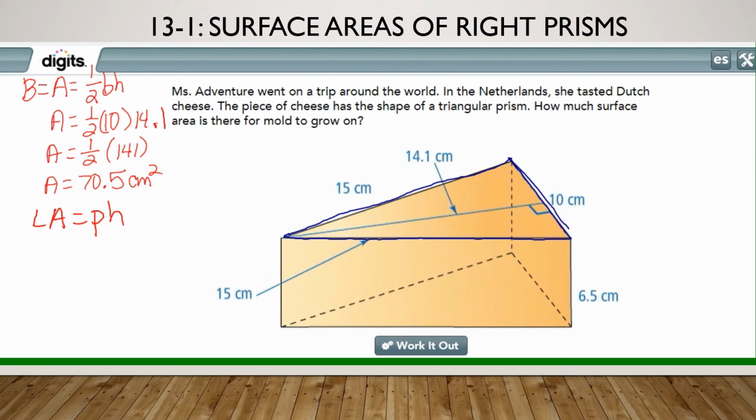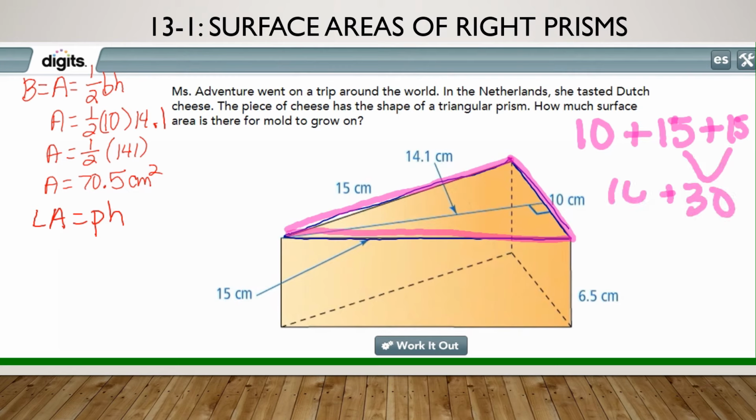So we look at this piece, that is equal to 10. Then we look here, this is equal to 15. And then the last part here, that is also equal to 15. So the perimeter of the base, you add up all of the sides, that is 30 plus 10 more, that is equal to 40. So the perimeter of the base is equal to 40.